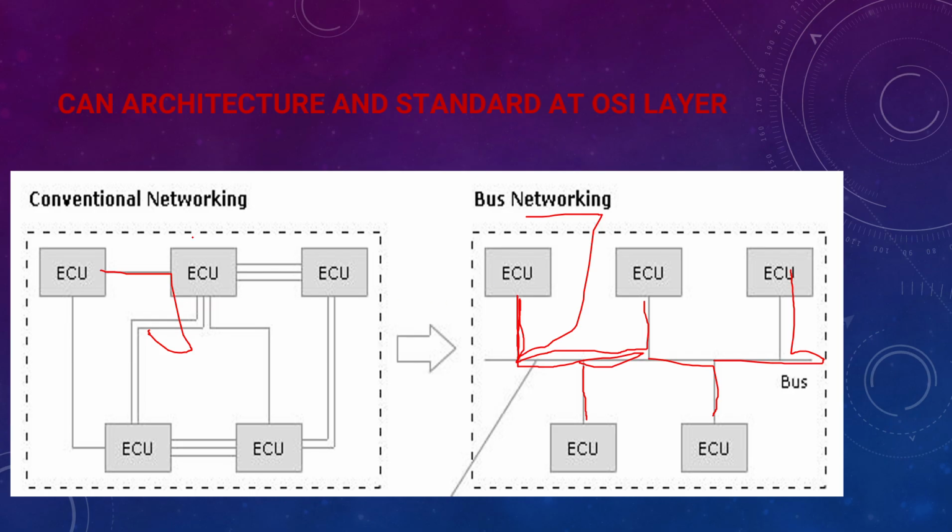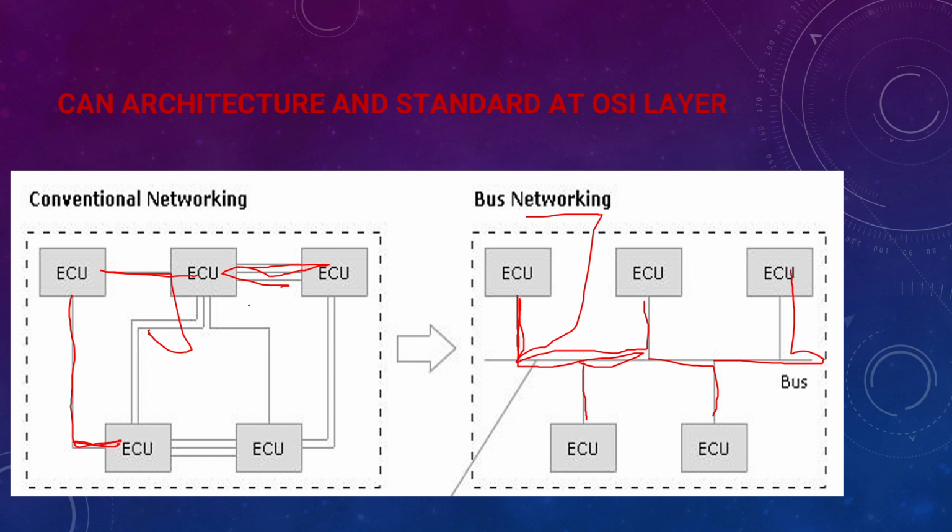What happens here? For example, if I send a message from this one to that one, it does not get there properly, and there is miscommunication between them.